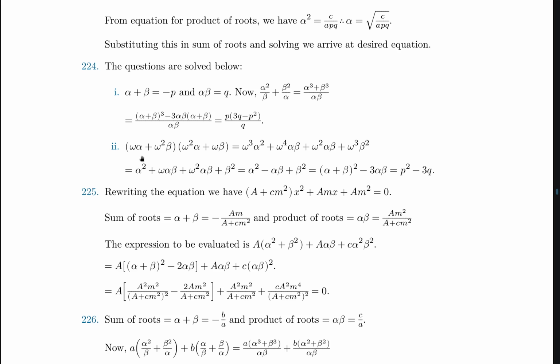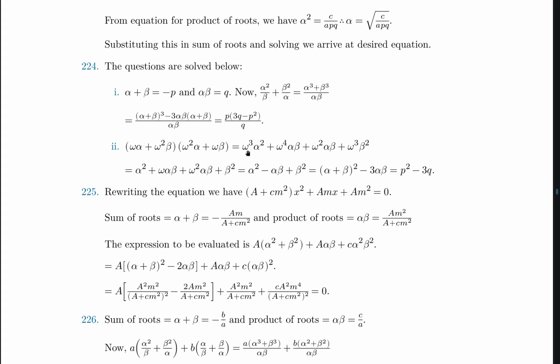Now the second part is omega alpha plus omega square beta into omega square alpha plus omega beta. We multiply, we get omega cube alpha square plus omega to the power 4 alpha beta, and then we have omega square alpha beta and then omega cube beta square.